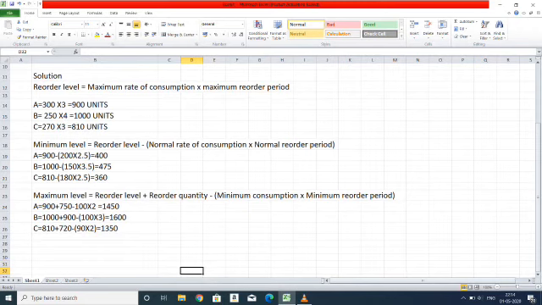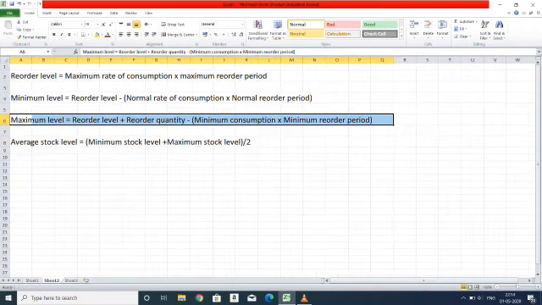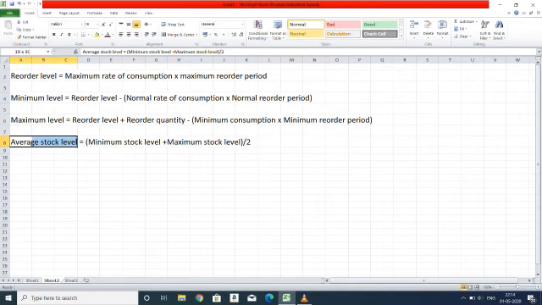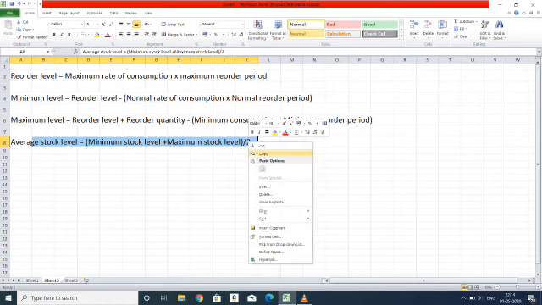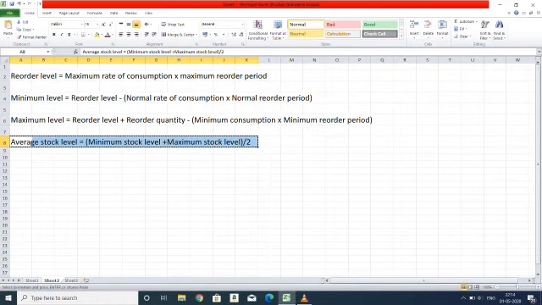Then next we have to calculate our average stock level. Average stock level is equal to minimum stock level plus maximum stock level divided by 2.